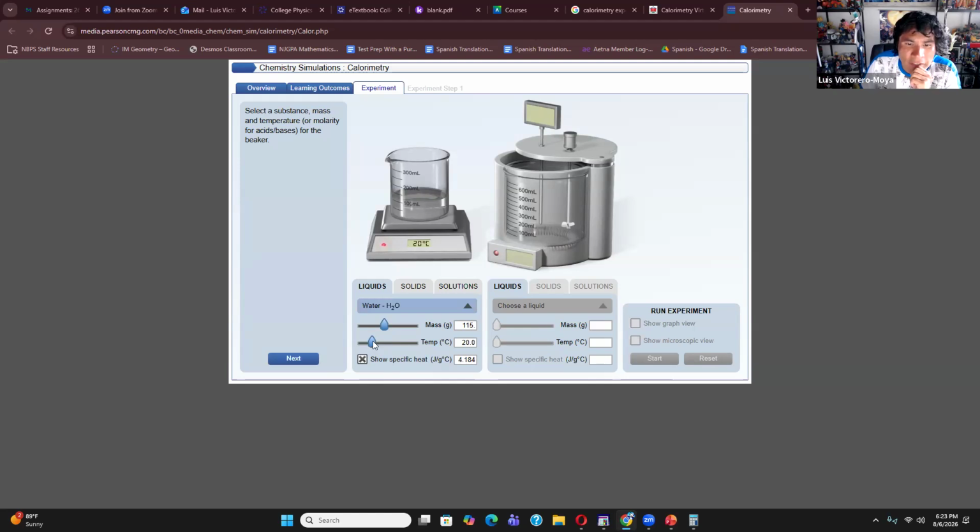Okay. So let's say that I have water at 20 degrees Celsius, and then water, 170 grams, and now it's at 90, so it's almost boiling.